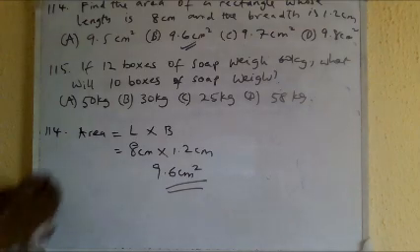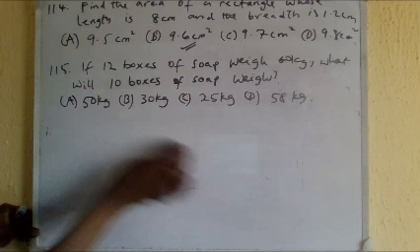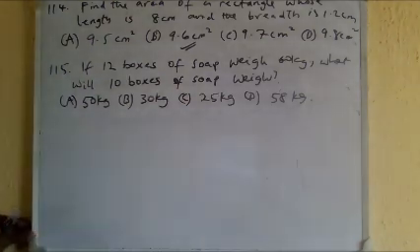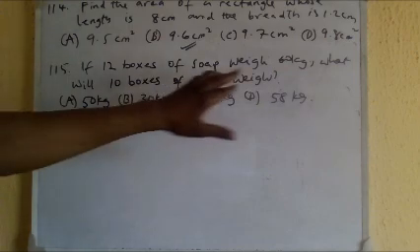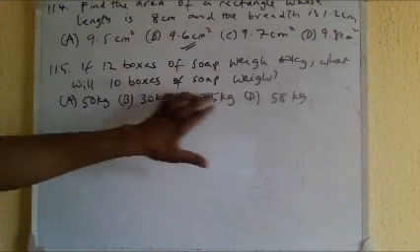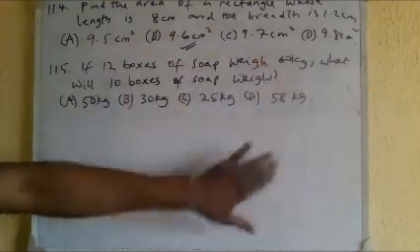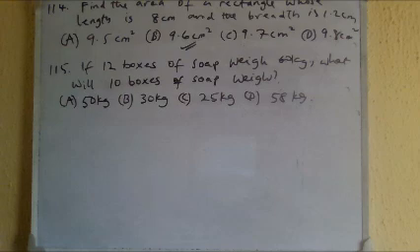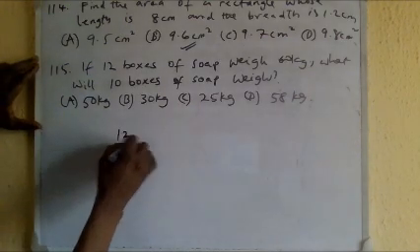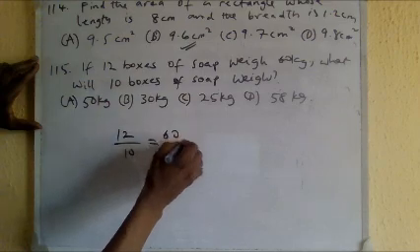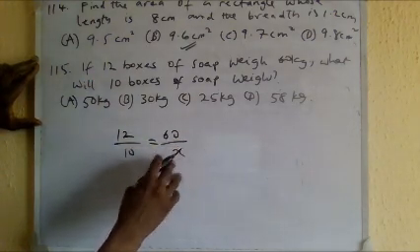115. It says, if 12 boxes of soap weigh 60 kg, what will 10 boxes of soap weigh? So you see the relationship. If 12 weigh 60, 10 will weigh less. So this one is a direct relationship. So I can use boxes to boxes and weight to weight. So I can say 12 over 10 is equal to 60 over x, where x is the unknown weight.